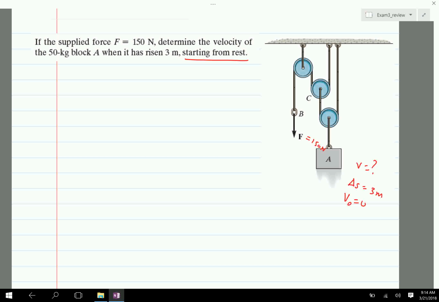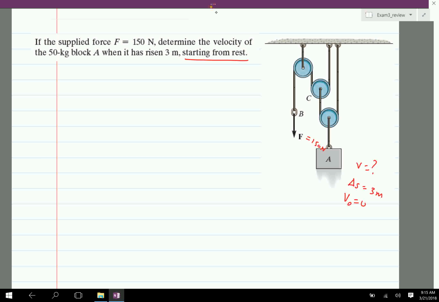Okay, so before you even start this problem, you have not been given the dimensions of any pulley or any mass, which means it's a particle problem. It's a chapter 13 problem. Okay, so let me start drawing the free body diagrams.